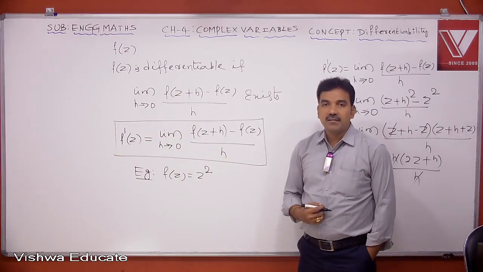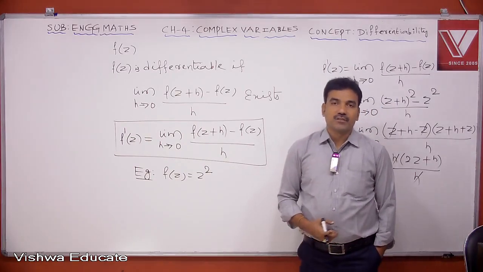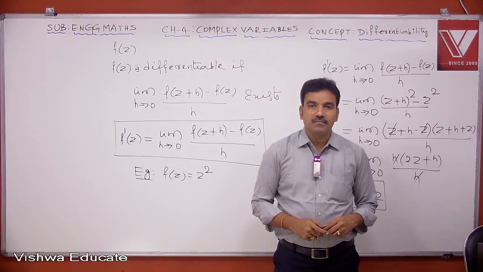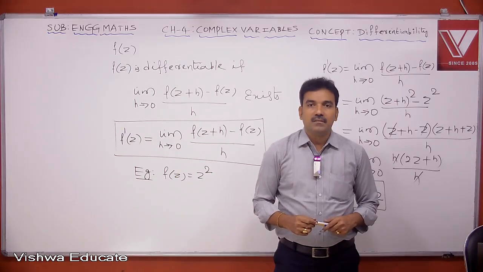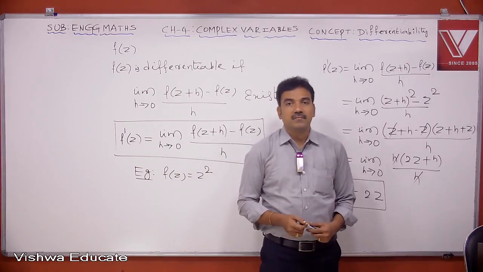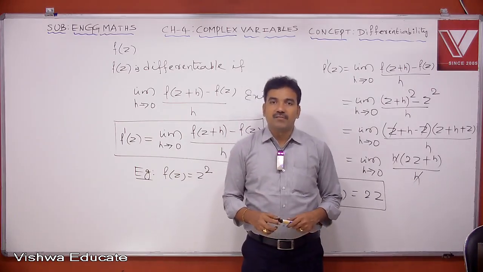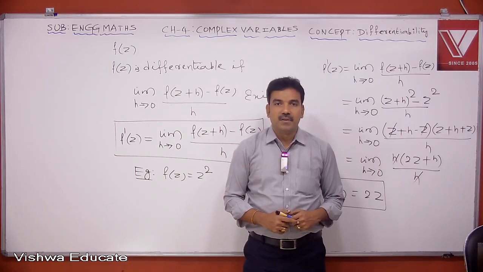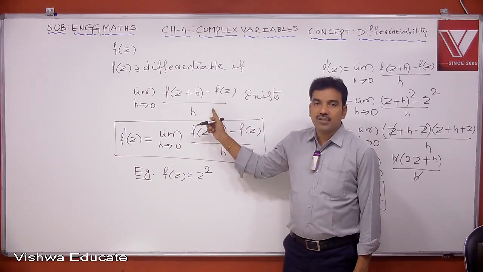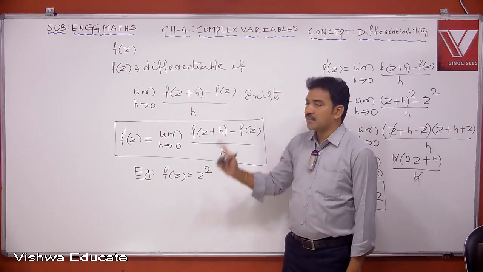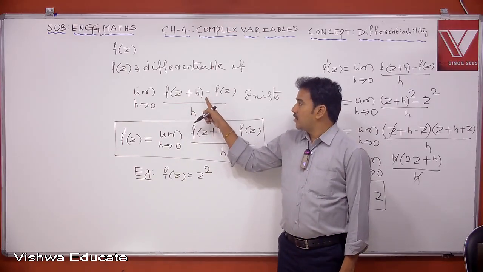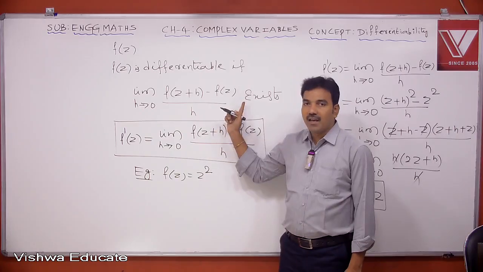Let f of z be any complex valued function. We say that f of z is differentiable if limit h tends to 0, f of z plus h minus f of z by h exists.